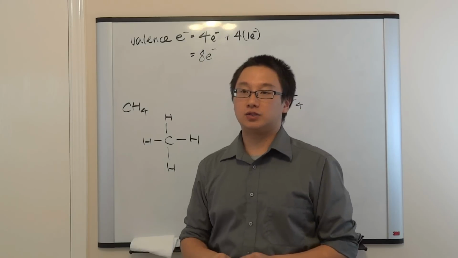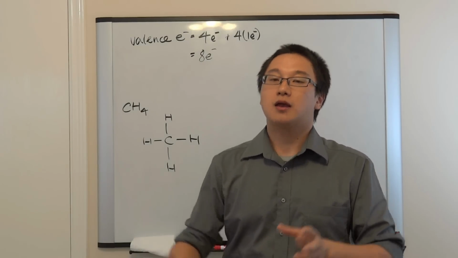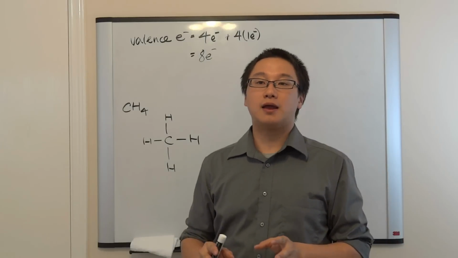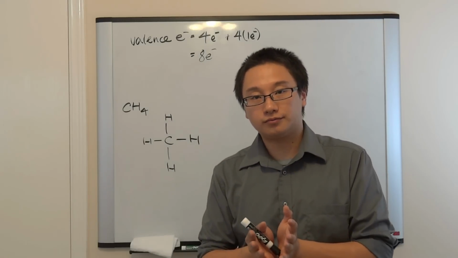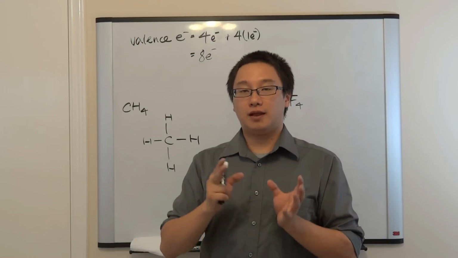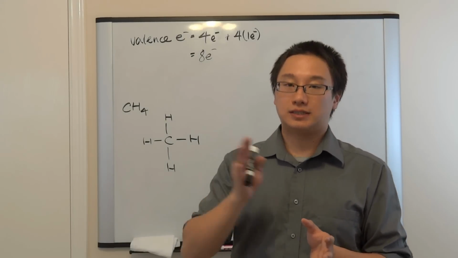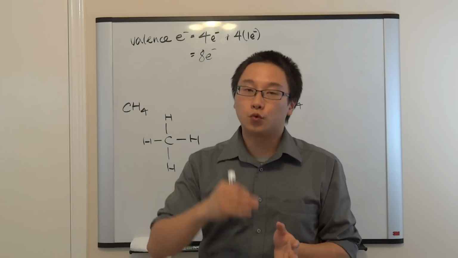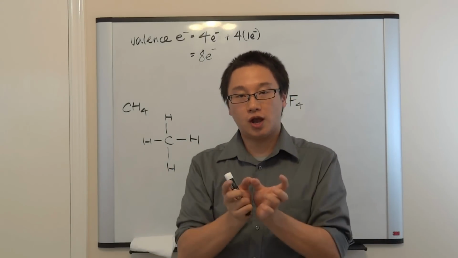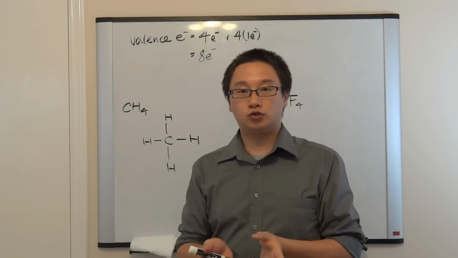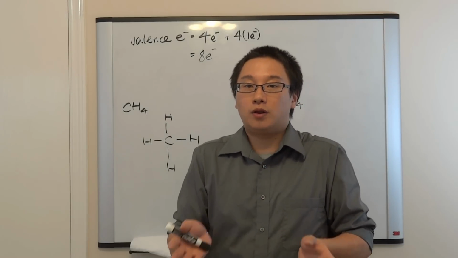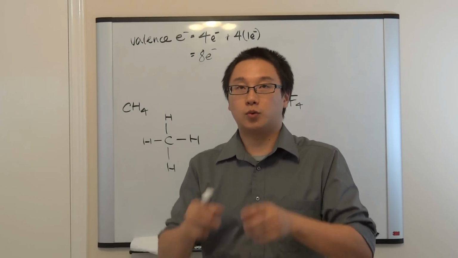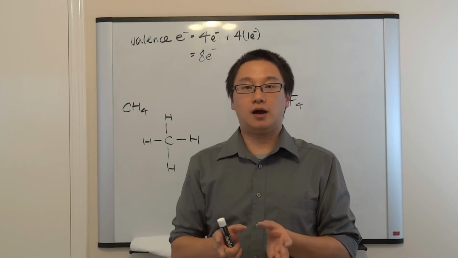Hydrogen is in group 1, in the first period, so it has only 1 energy level. The maximum number of electrons hydrogen can take is only 2, because the first shell, which is the valence shell for hydrogen, has only the 1s orbital.